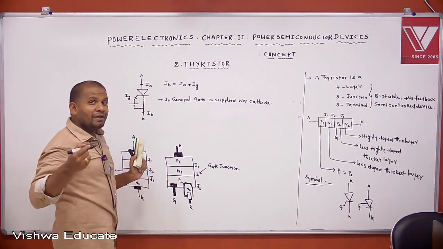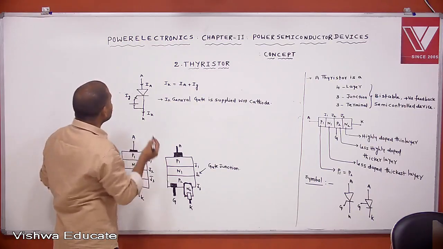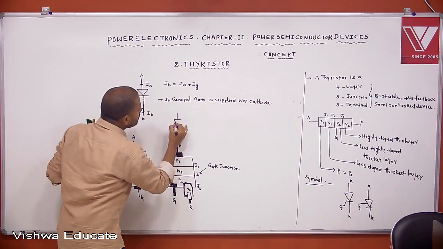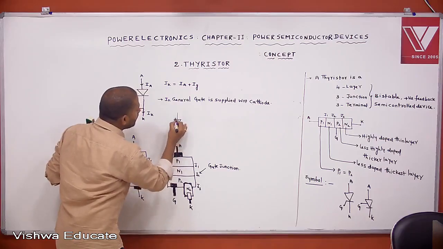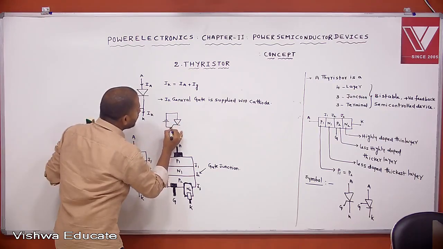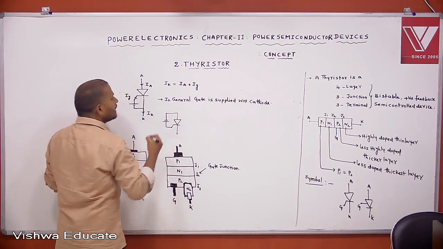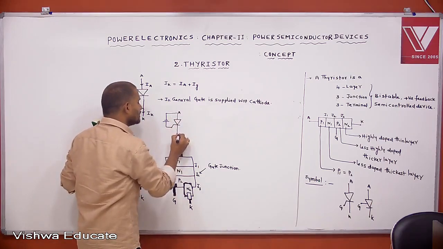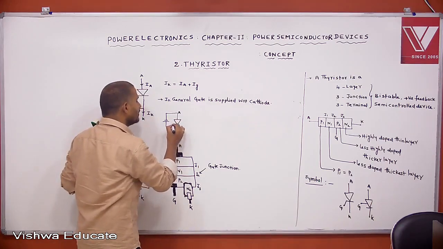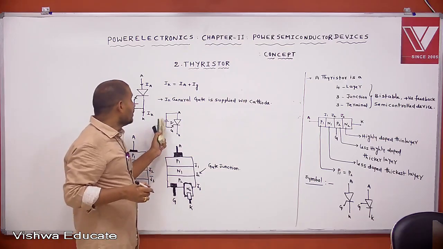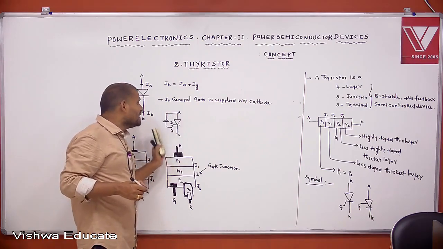Sir, can you implement anode trigger SCRs? Anode trigger SCRs means we can connect the gate supply like this also. Gate is supplied with respect to anode. Then this is called an anode trigger SCR. This is anode and this is cathode, this is gate. But what is the problem with anode trigger SCR?